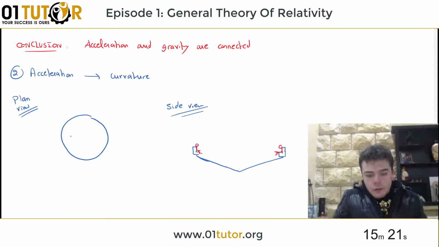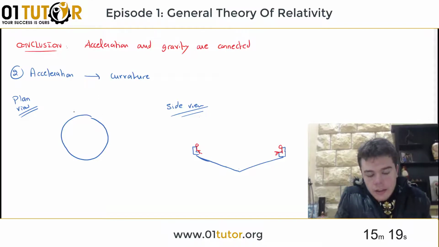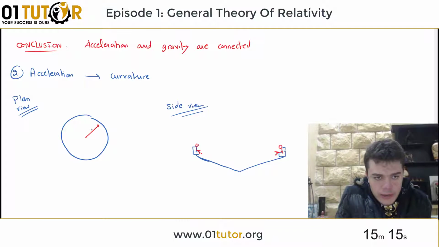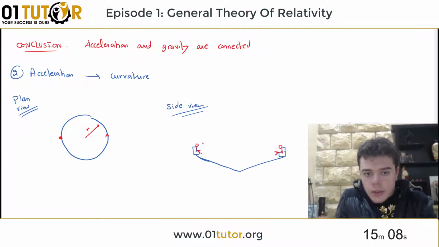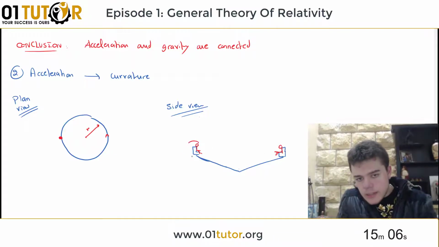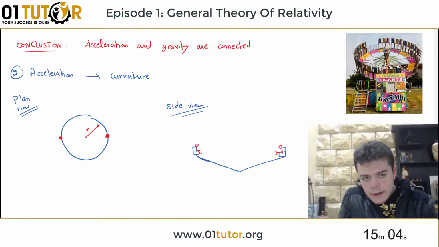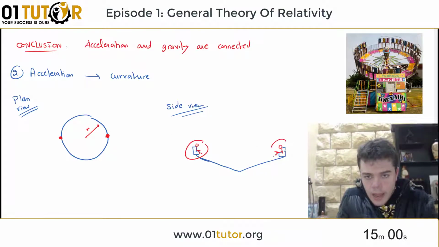And if you look from above, this machine is rotating in a circular fashion, and the circle is of radius r. So you are here, which from the side view is in here, and your friend is in here, represented by the two red dots. So this is you and your friend, and the circle is rotating.